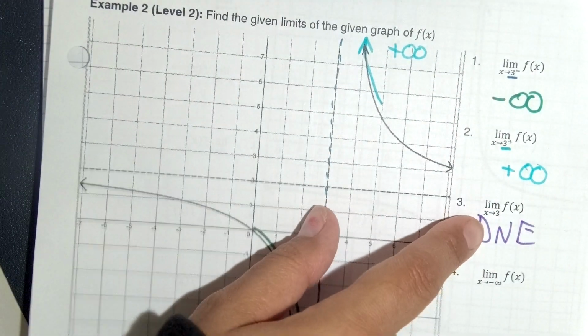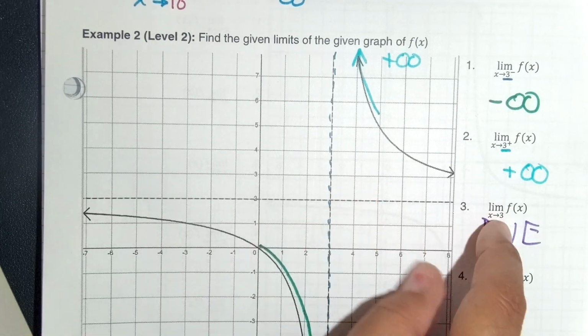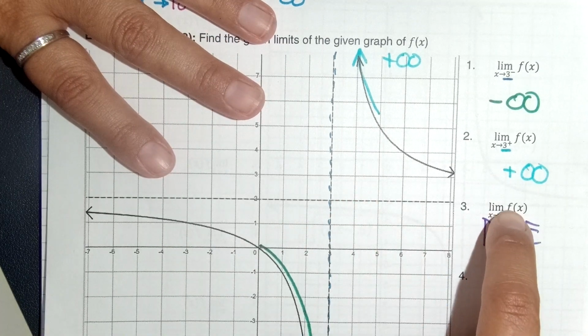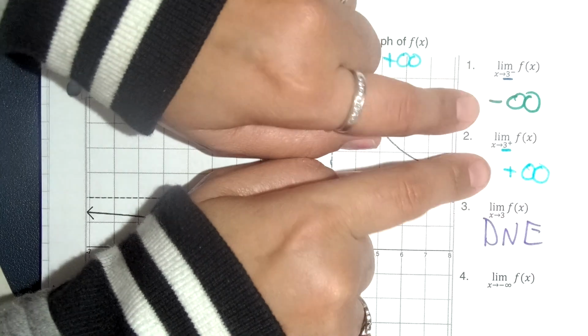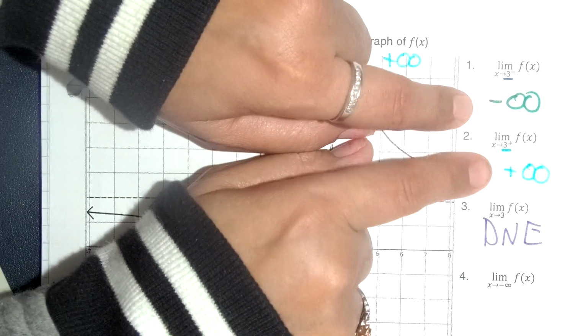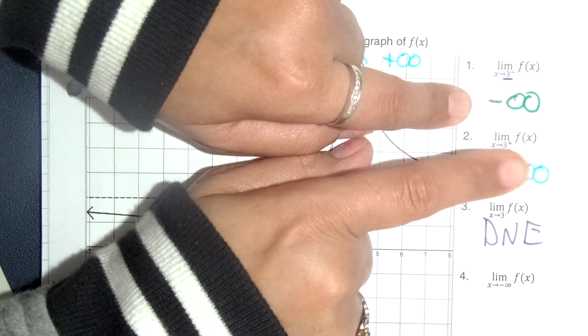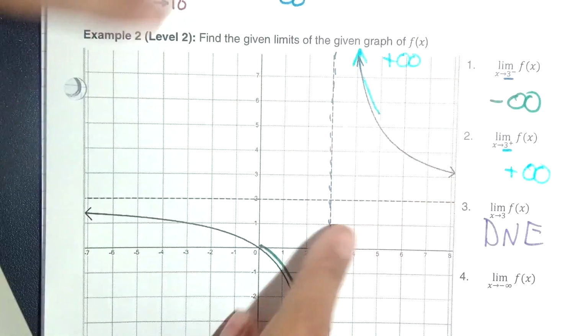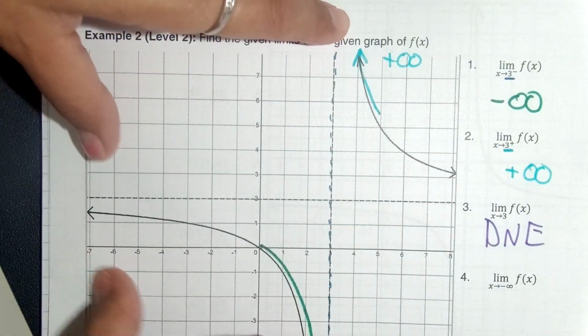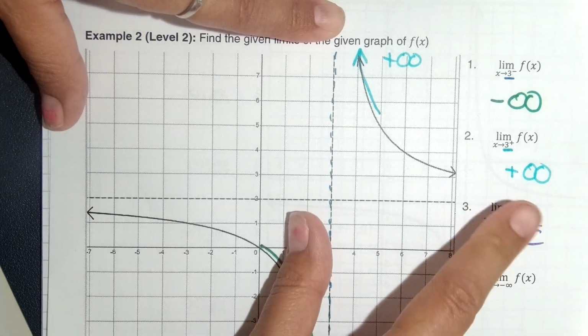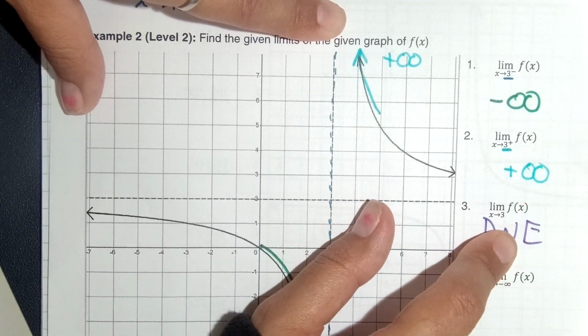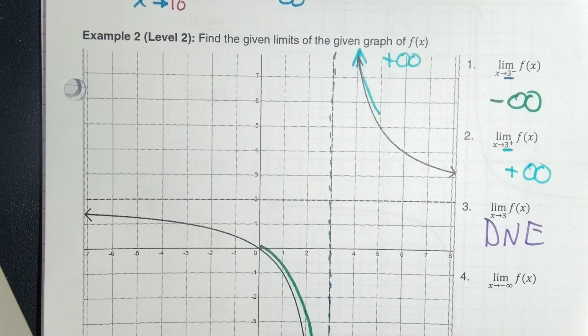For a limit to exist, just for the 3, without a left or right, you see that there's no left or right thing up here? These two values have to be equal. Negative infinity and positive infinity are not equal. They're going in opposite directions. So there is no limit. Okay? That makes sense now, Andrea? Yeah. Okay. Questions?